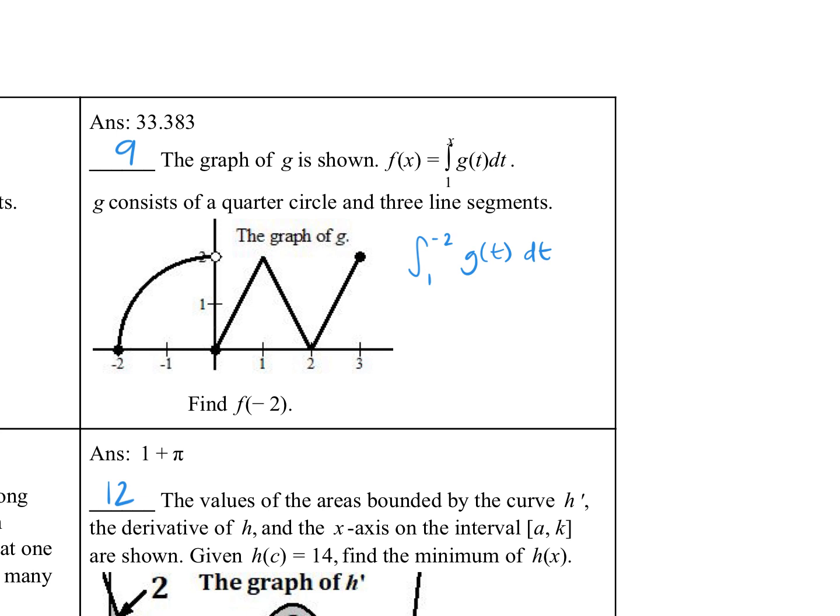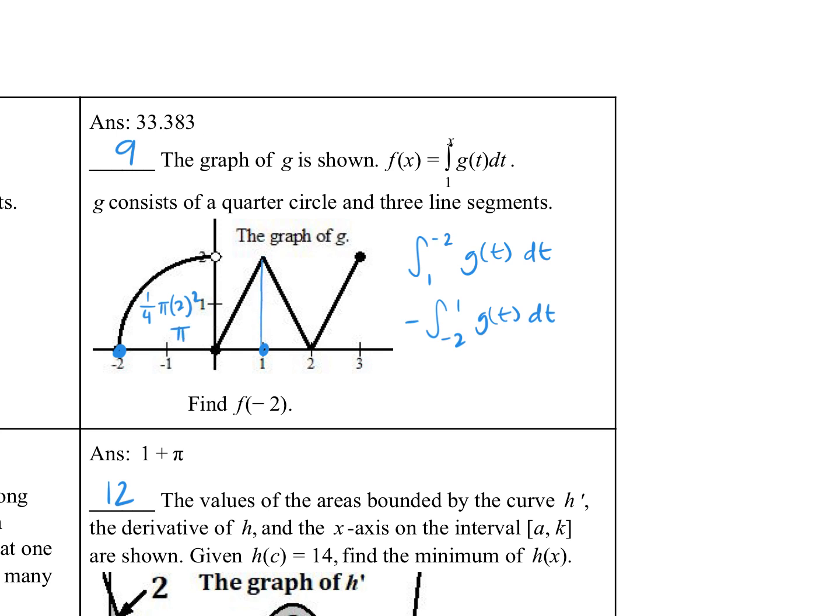However, we're going to need to flip this. So this is going to become -2 to 1 of g of t dt. So I'm going from -2 to +1, and now I just need to find the area underneath those curves. So this would be a quarter circle, so 1/4 pi times the radius, which is 2 squared. So that's going to equal pi.